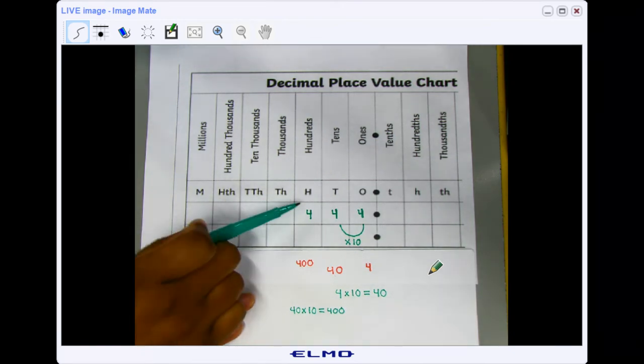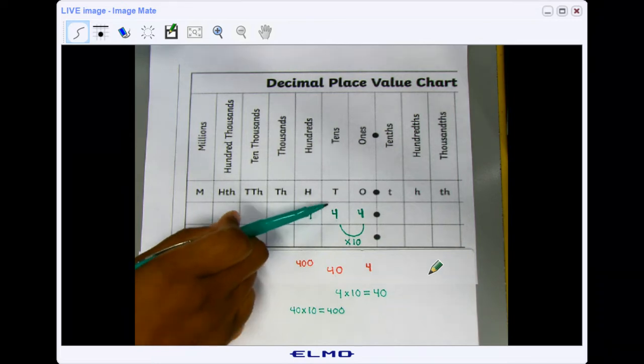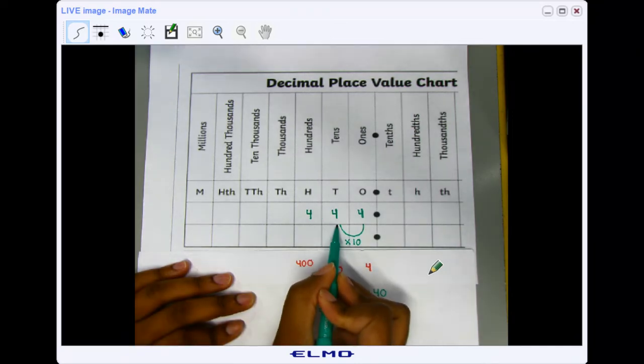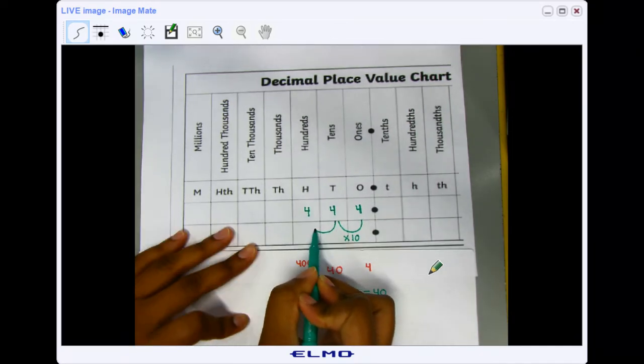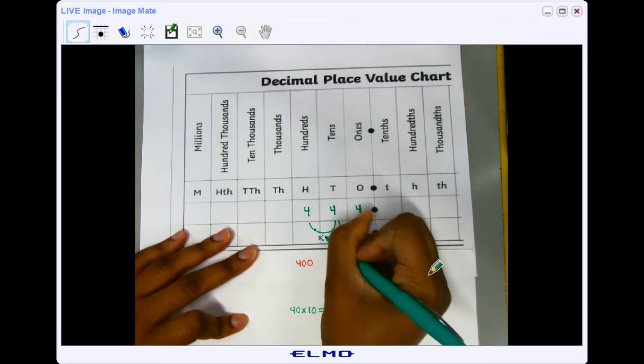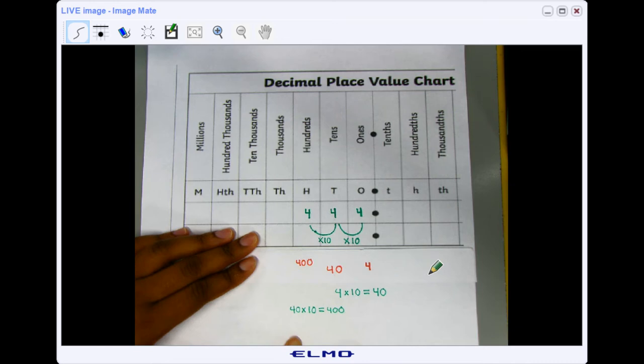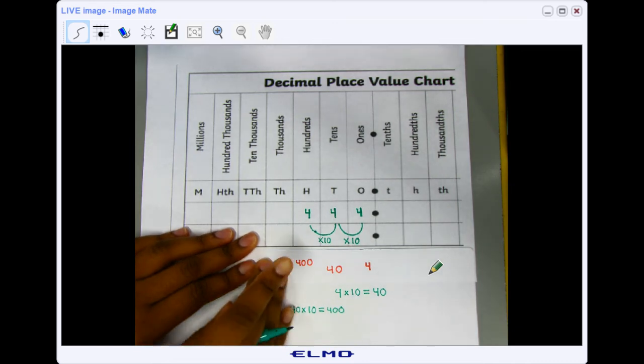So the 4 in the hundreds place is 10 times larger than the 4 in the tens place, because 40 times 10 gives us 400. So that just proved our theory correct again. When you're moving up a place value, it's the same thing as multiplying by 10. The hundreds place is 10 times larger than the tens place.